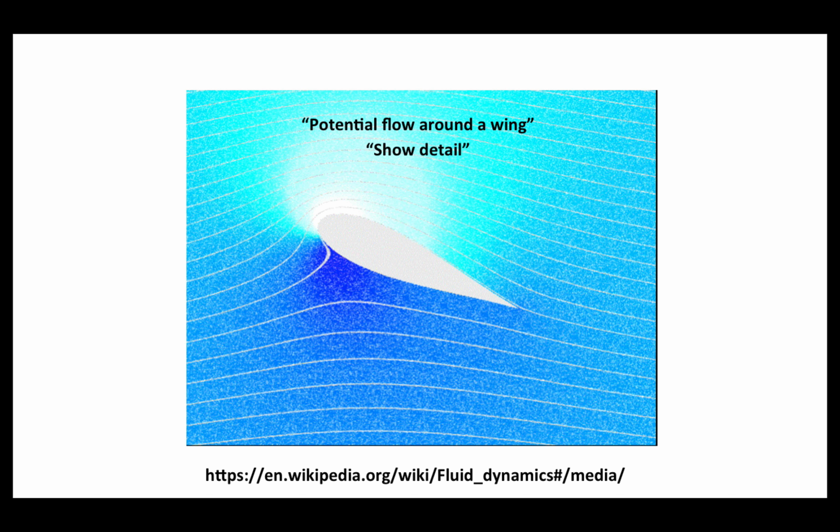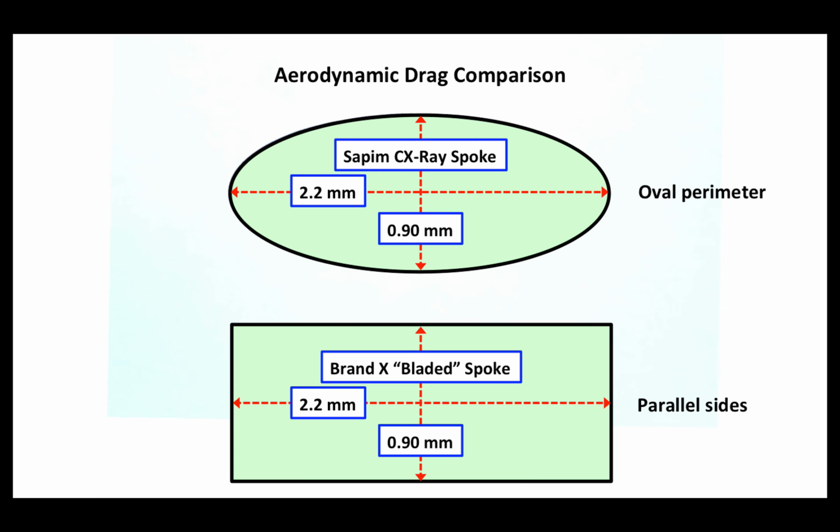We're going to do a little aerodynamic drag comparison, and we're going to compare that Sapim CX-Ray spoke with an oval perimeter to what we'll call Brand X bladed spoke that has parallel sides. And here we have a length of 2.2 millimeters and a width of 0.9 millimeters. This is the same Brand X bladed spoke with the same dimensions that you were introduced to a few minutes ago.